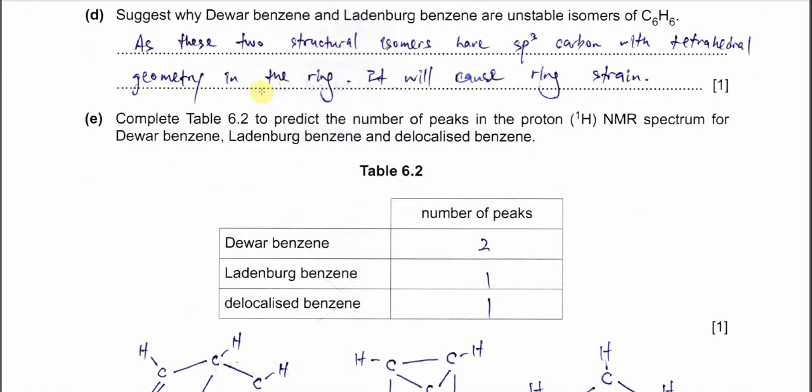Part D. Suggest why Dewar benzene and Ladenburg benzene are unstable isomers of C6H6. Okay, this question is quite rare in past years. However, let's see how the explanation should be. As these 2 structural isomers have sp3 carbons with tetrahedral geometry in the ring, it will cause ring strain, meaning more repulsion.